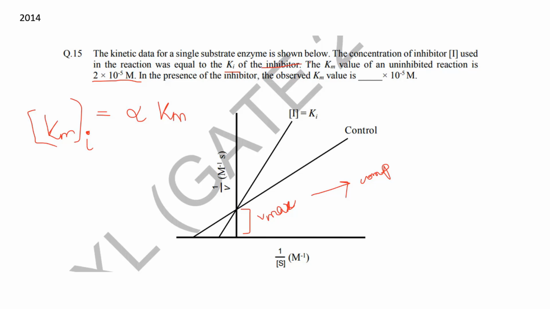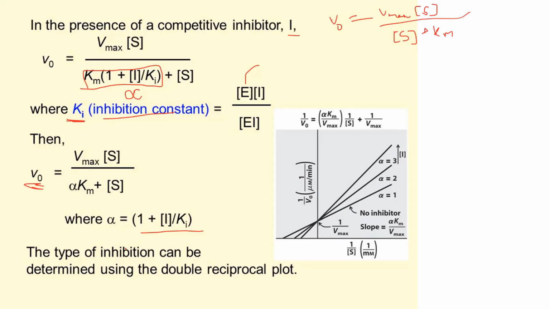Now Km is already given, Km is 2 into 10 to the power minus 5. We have to find out alpha. What is alpha? 1 plus, as you have seen, I, that is inhibitor concentration, divided by Ki.